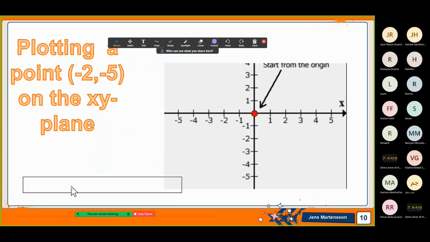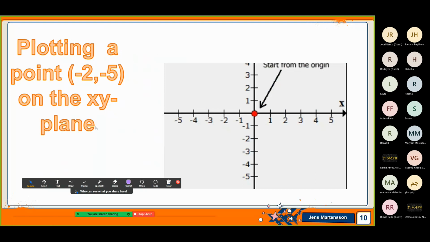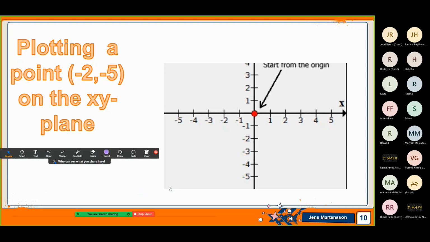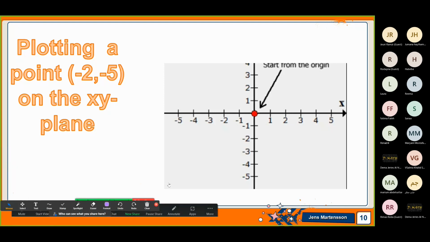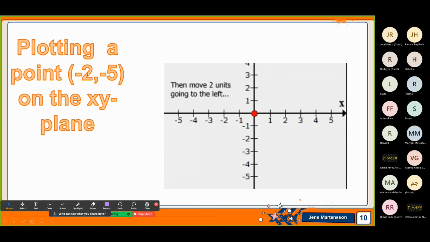Then we say that we have how to plot the ordered pair. First of all, as we said yesterday, we have to move from, like, -2, -5. You have to move 2 to the left or to the right. Since 2 is negative, I have to go to the left.